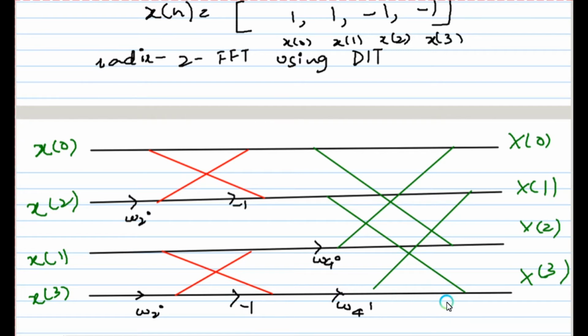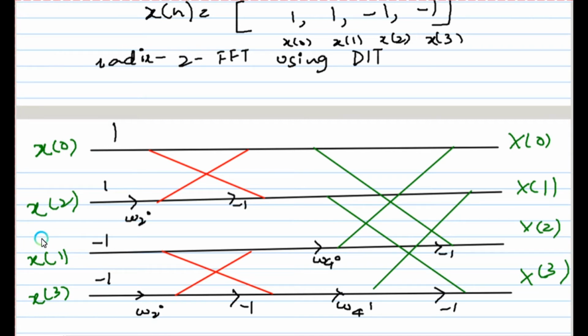Similarly we'll be having minus 1 here and minus 1 here. And we have summations at these points, right? This and this. Okay, so x of 0 is 1, this is also 1, this is minus 1, and this is minus 1. So this is the DIT algorithm.